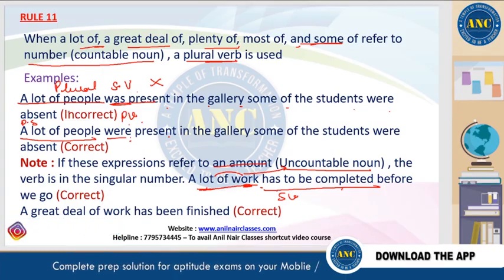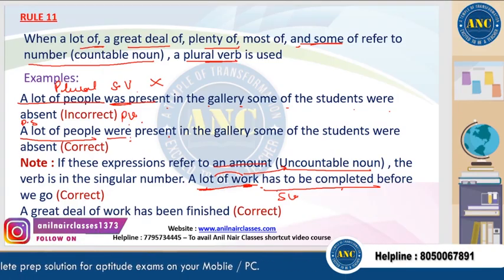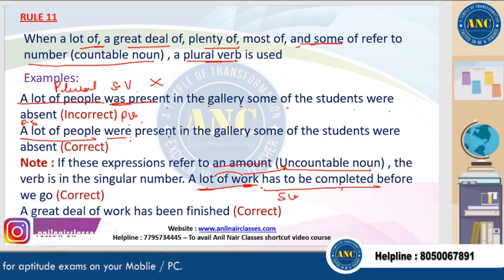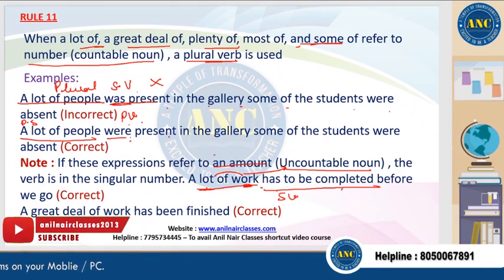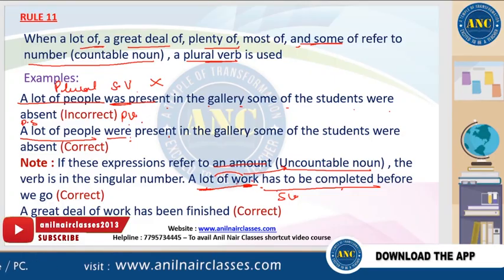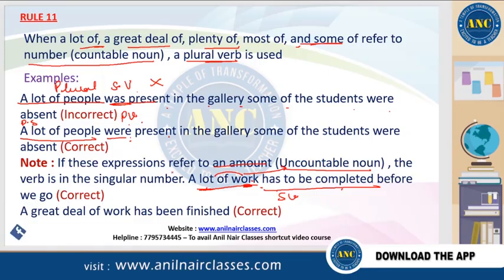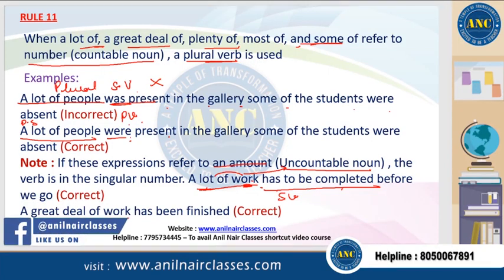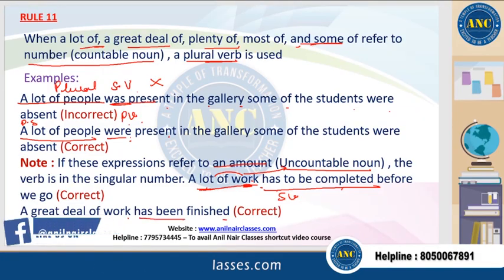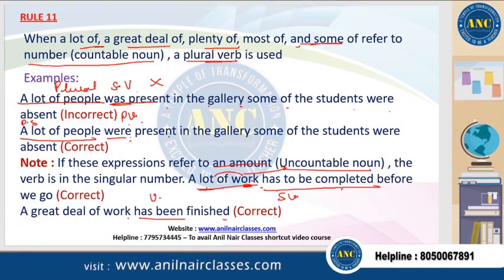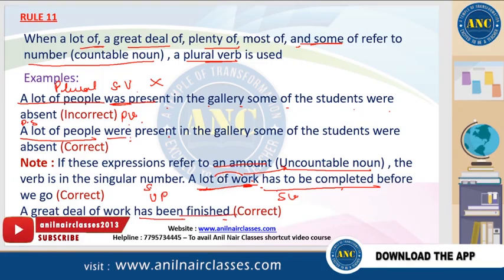Whereas in the previous one, it was a lot of people. People is a countable noun, right? So in that case, we have used the plural. Whereas in a lot of work, work is an amount. It is an uncountable noun. Next example: a great deal of work has been finished. So what has been finished? Has been finished is the verb phrase, which is the singular verb, right?